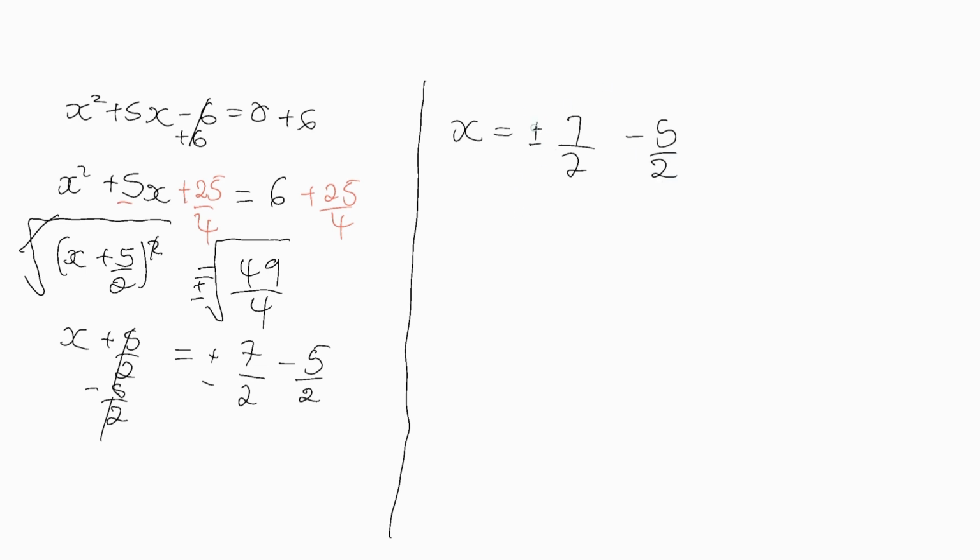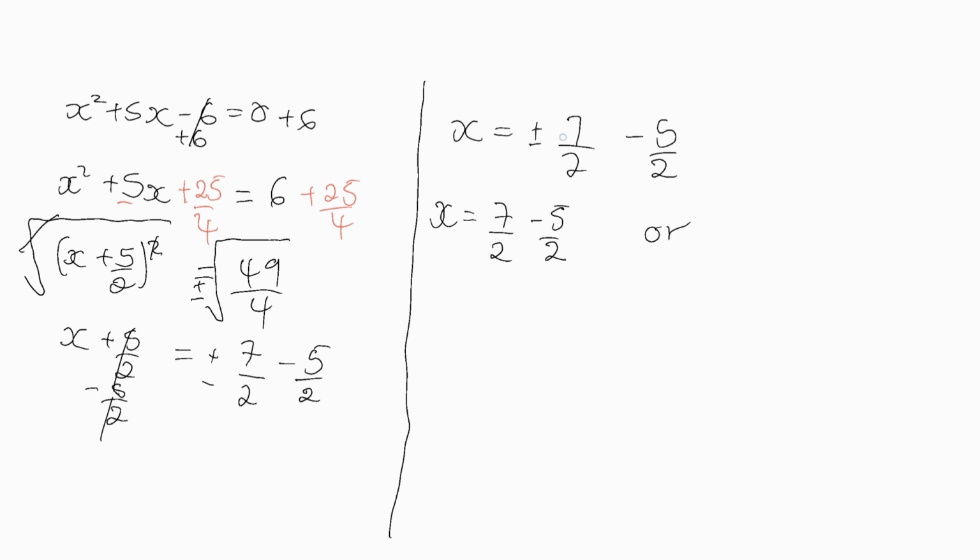So since we have plus or minus 7 over 2, that means we have to get two values of x. So to get the first value of x, we will use the plus. So x is equal to positive 7 over 2 minus 5 over 2.